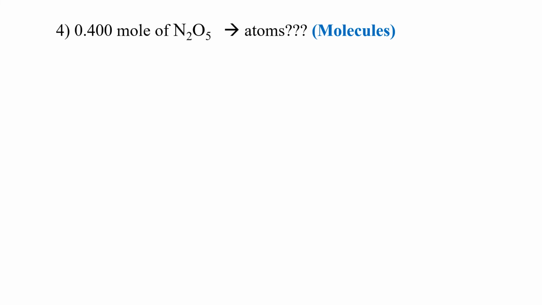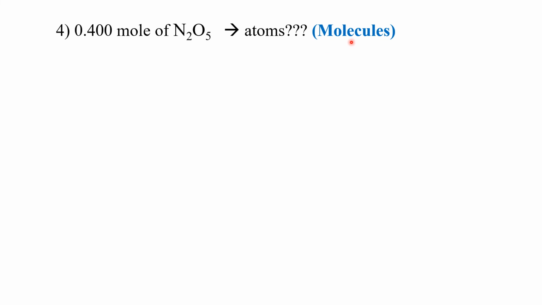How many atoms are in 0.400 mole of N2O5? Okay, take note. N2O5 is a compound. It is composed of two elements, nitrogen and oxygen. What do we know? If it is a compound, the units are molecules instead of atoms. But what is written in your problem is atom.